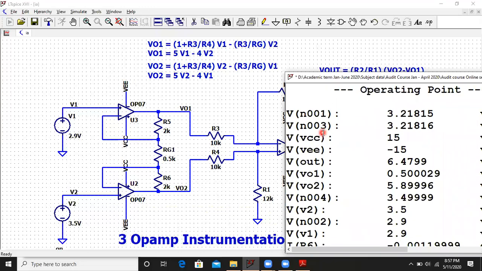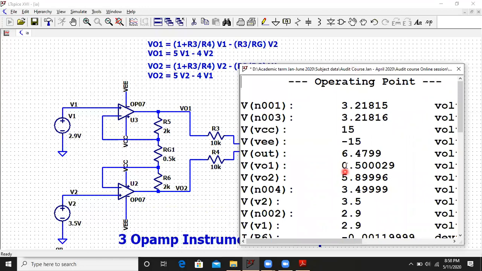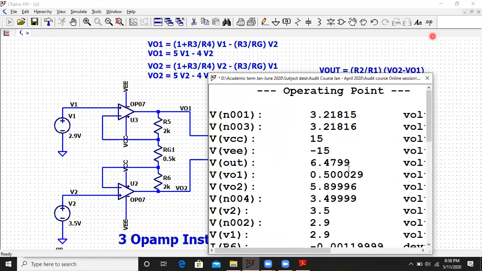So right now we have to note down the value of VO1 and VO2, and accordingly we will note down the other values. So in our case, we are getting VO1 and VO2 as follows over here. So let us write these values onto your screen. So here what I will do is I'll add this thing.